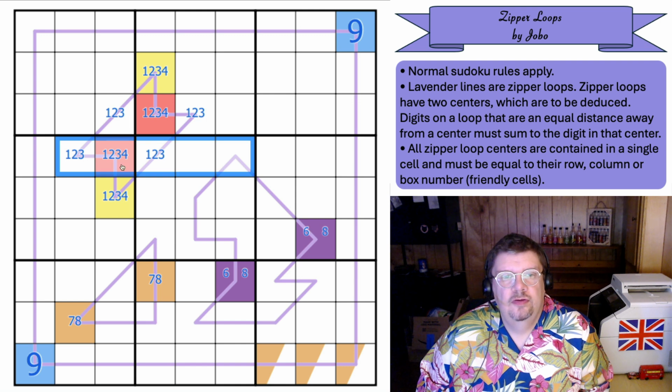I am trying to see where these digits go in this box, particularly for this line.